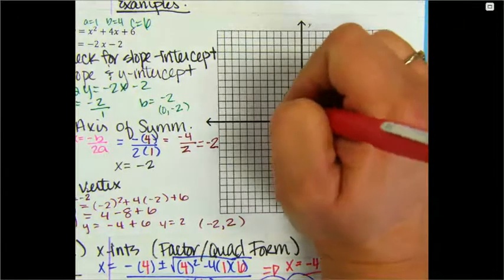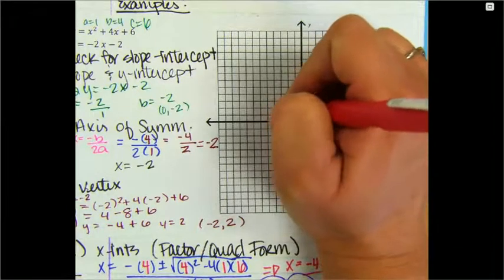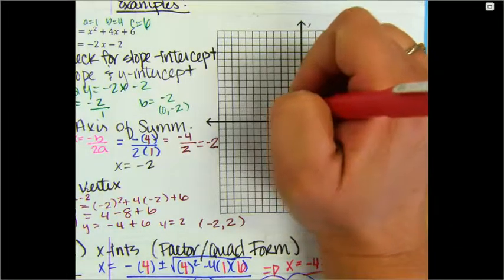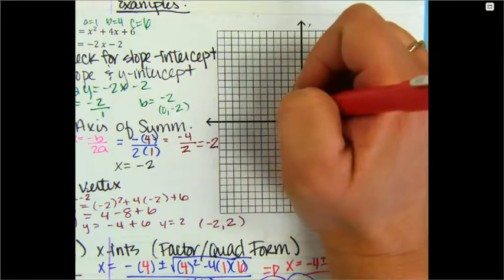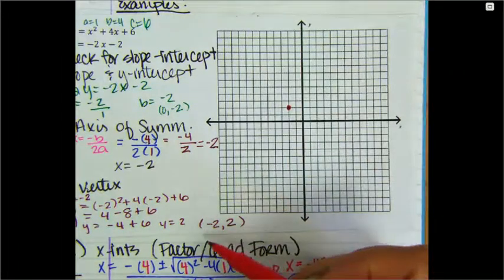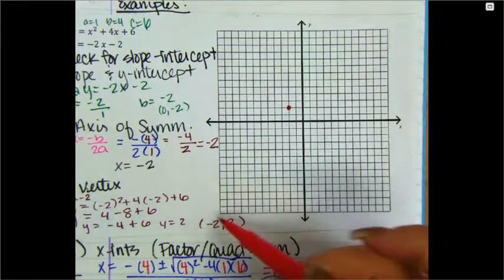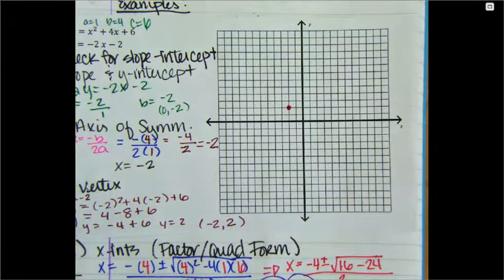Hopefully you know how that point is located. The vertex right here, negative 2, 2. I'm graphing the quadratic first. If I graph that, I can't graph the x-intercepts because they're imaginary, so we're not going to worry about that unless I was on an imaginary x-axis, which I'm not.